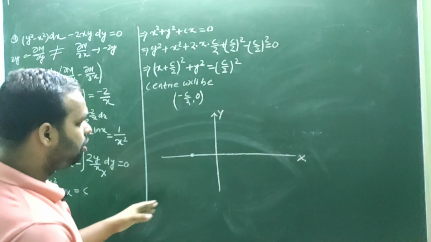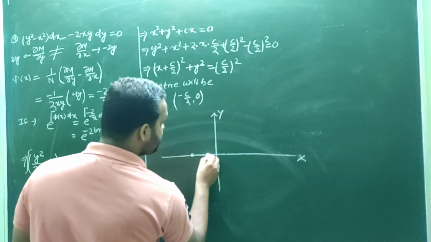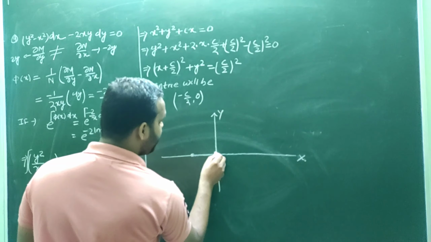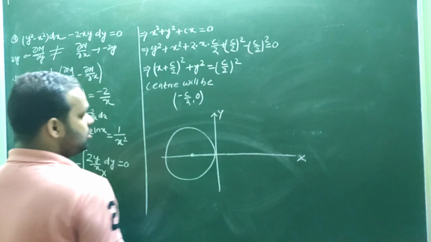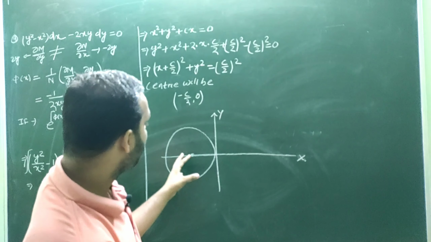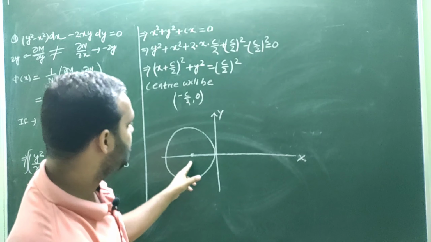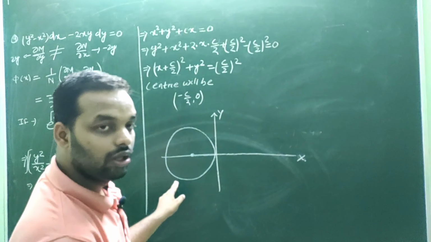So the center is on x-axis. It is clear. And radius is c by 2. Radius is this much. So if you take the circle, then this circle will be something like this. So what we got here, this equation indicates the family of circles having center on x-axis and touching the origin.